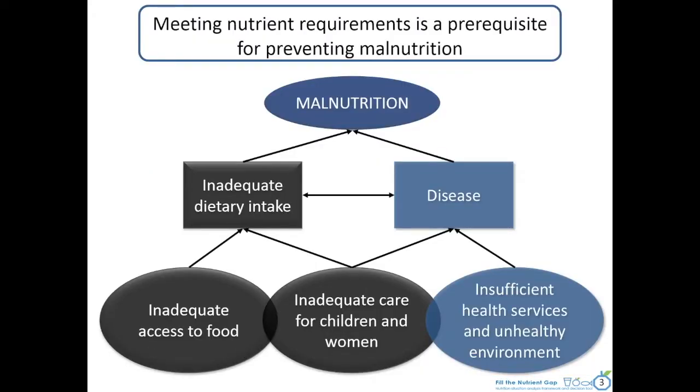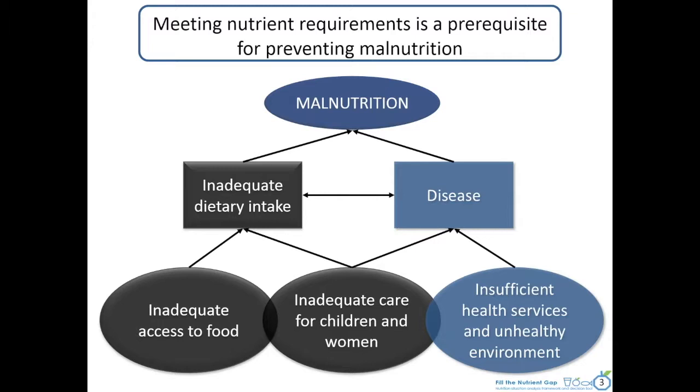If we look at the malnutrition framework, the focus of Fill the Nutrient Gap is on the left-hand side of the framework, so on the barriers that affect dietary intake, starting from the assumption that meeting nutrient requirements is a fundamental prerequisite for prevention of malnutrition.